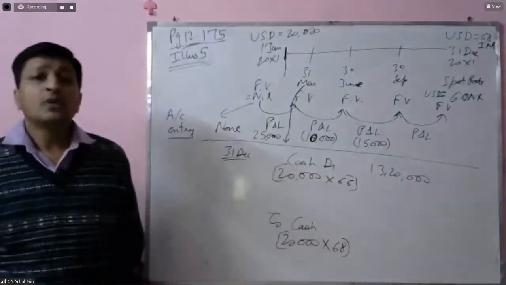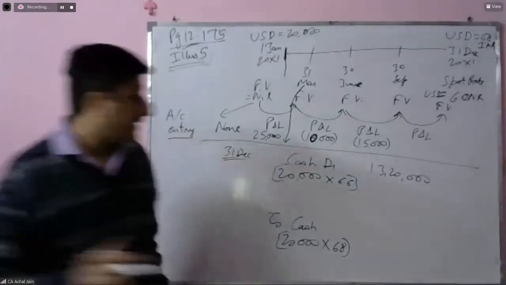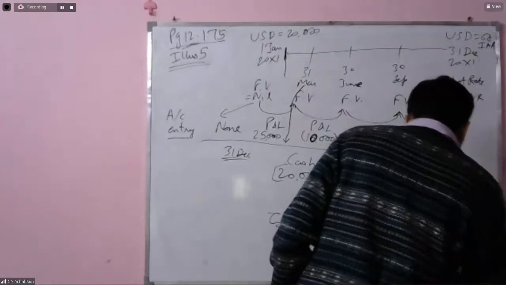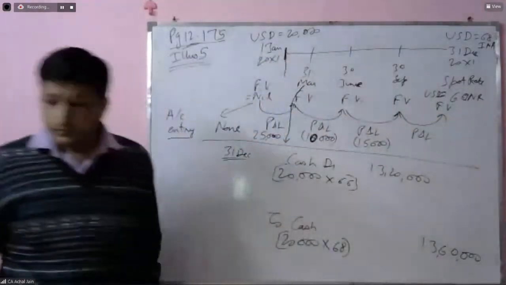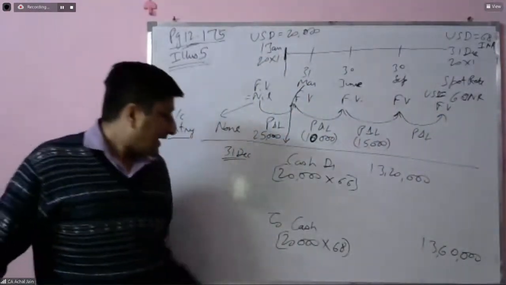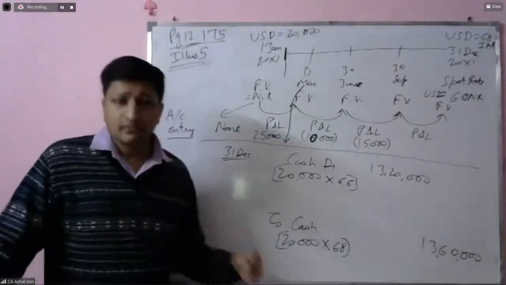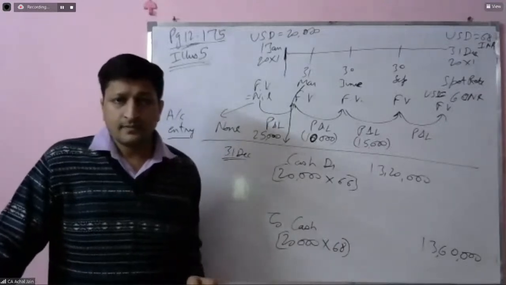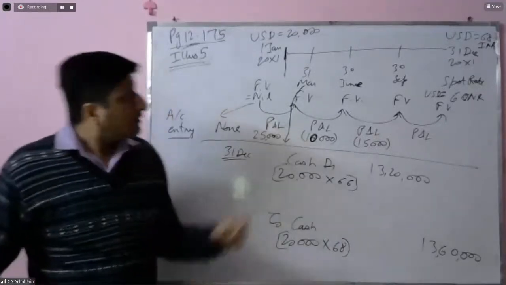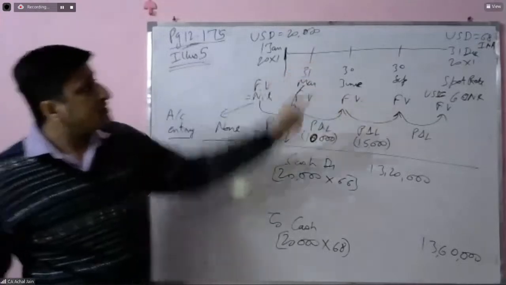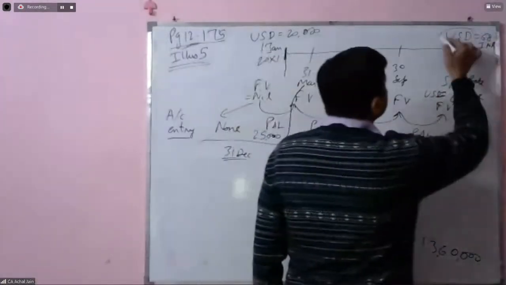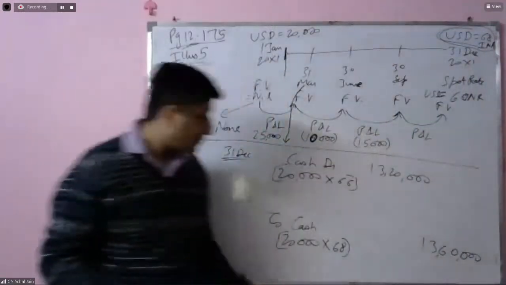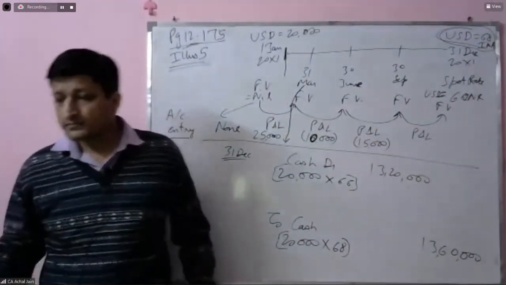So this will become 20,000 into 68, 13,60,000. And why is this required to be done? Because it's settled in gross. And the forward contract rate was 68. So at what rate this will have to be paid? This will have to be paid at 68.